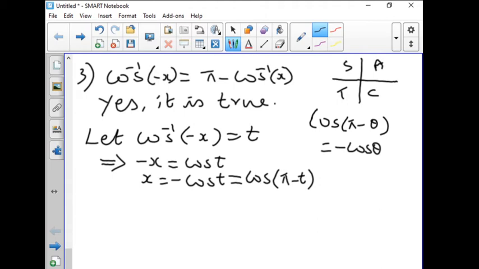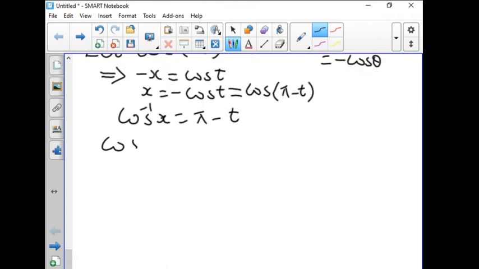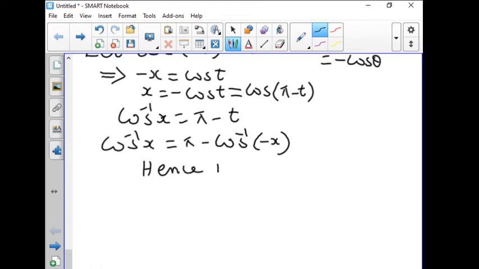So minus cos t is cos of pi minus t. Now bring this cos to the left-hand side. So it becomes cos inverse of x is equal to pi minus t. What is t? t we have taken as cos inverse of minus x. Therefore, we get pi minus cos inverse of minus x. So, hence proved.